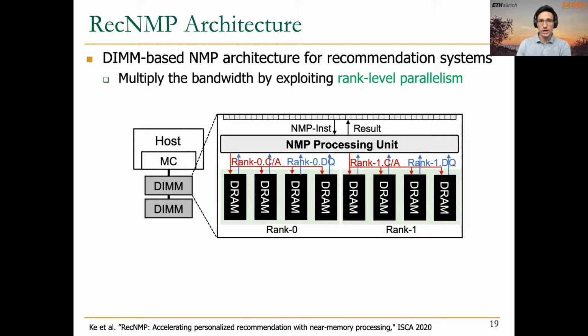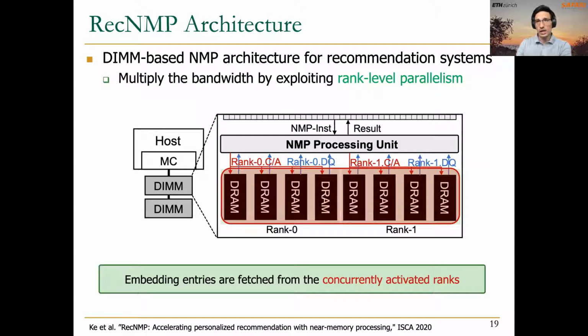For example, this RecNMP architecture that was presented in ISCA 2020 proposes to extend the DIMM with near memory processing units that are directly connected to the banks in order to access the embedding entries directly from the ranks and concurrently activate the ranks in order to exploit this rank-level parallelism.